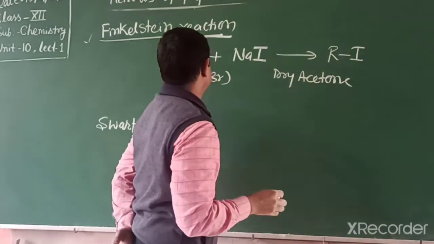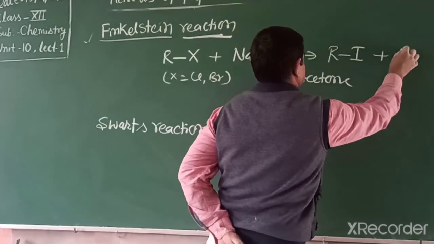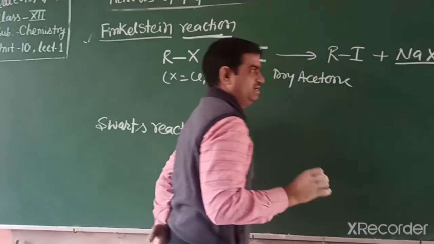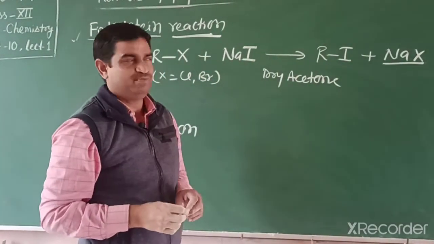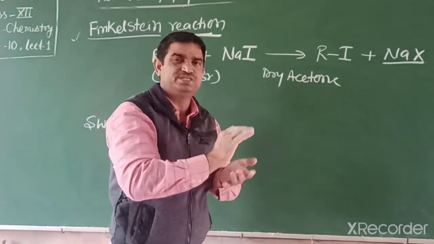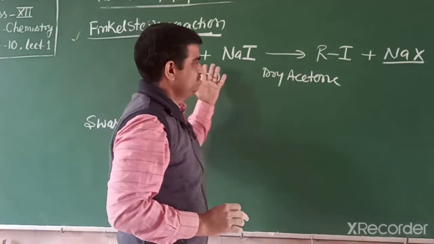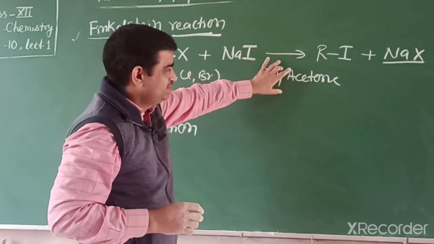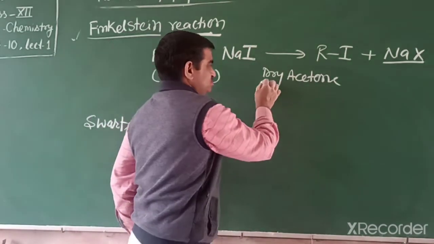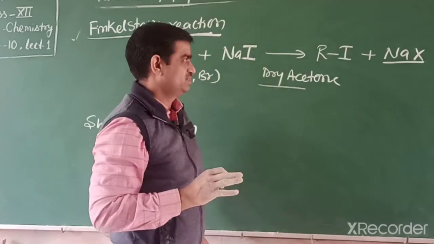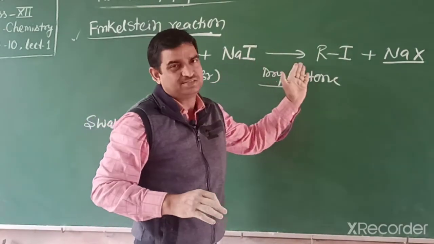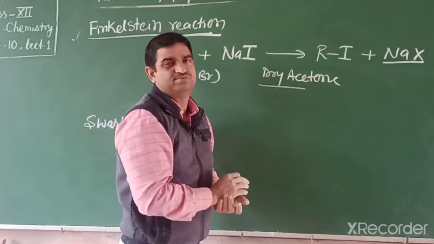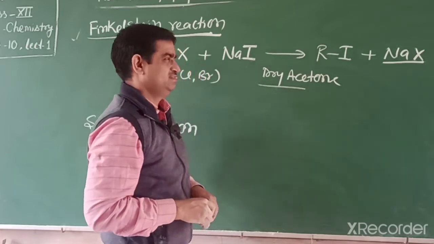Acetone facilitates removal of sodium halide, either chloride or bromide, and according to Le Chatelier's principle the reaction shifts towards the product side. This question comes in CBSE exams many times: why do we use dry acetone in this reaction? Because it drives the reaction towards the product side, and we get a precipitate of sodium chloride or bromide.